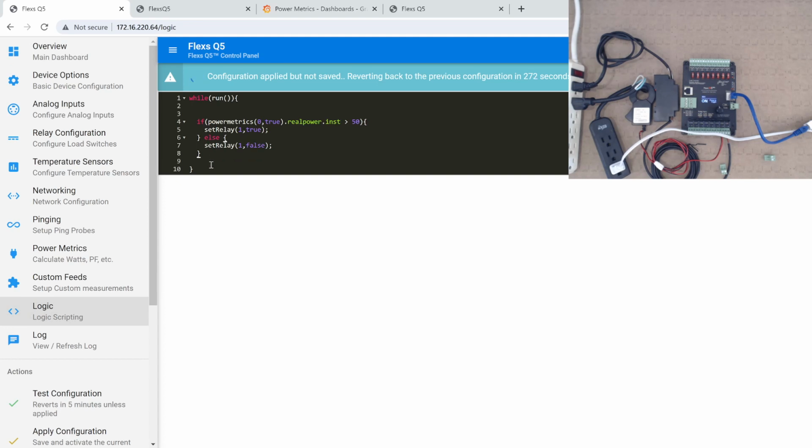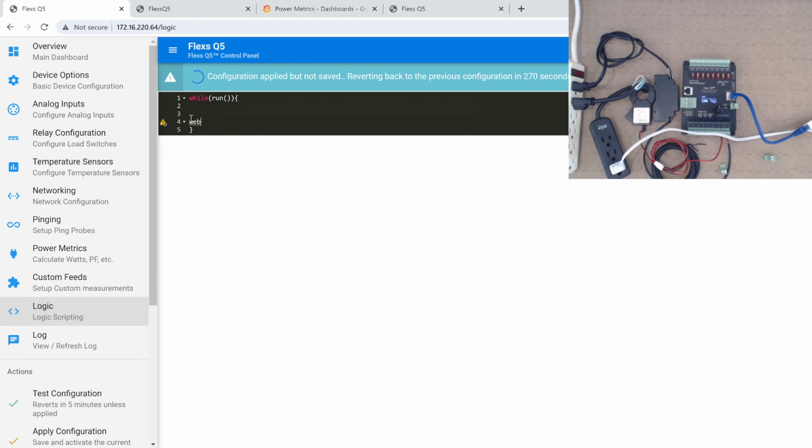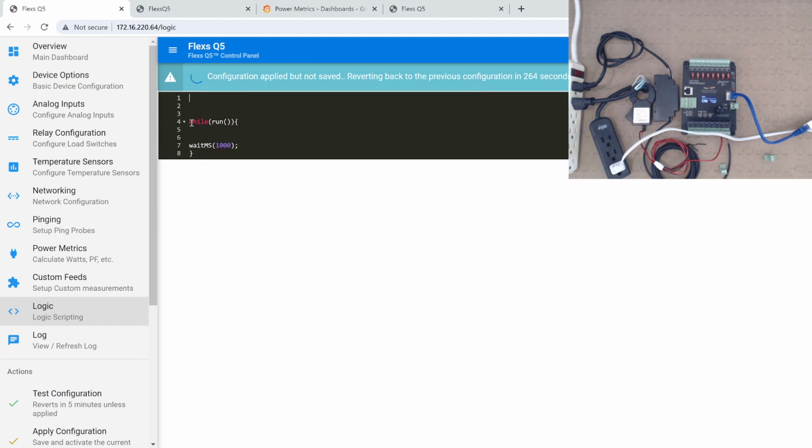And you could also, for example, we could make a web server. Maybe you want to make this data available to another application in your network. Of course, you have Modbus TCP, you've got SNMP, you have RS-485, you have a lot of built-in protocols for that, MQTT, but we could also just make a simple web server.